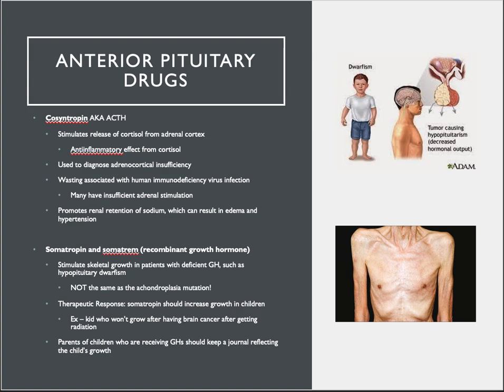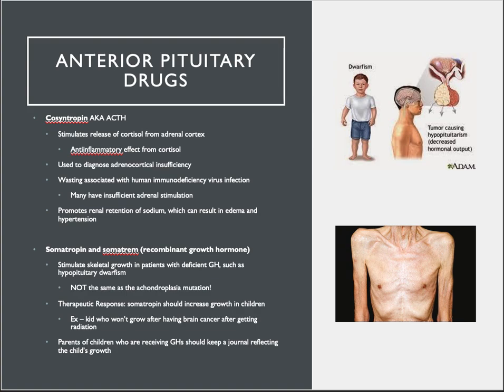And so we give them cosyntropin, which is that ACTH, to stimulate their adrenal glands to work a little bit better. Now, some side effects of that is it does promote the kidneys to retain sodium, which means sometimes they're going to get some edema and also some hypertension. So this isn't a drug to be given lightly, although we do use the cortisol stim test pretty often.